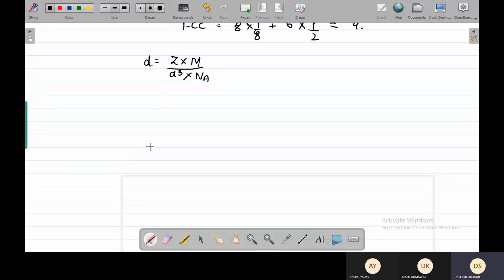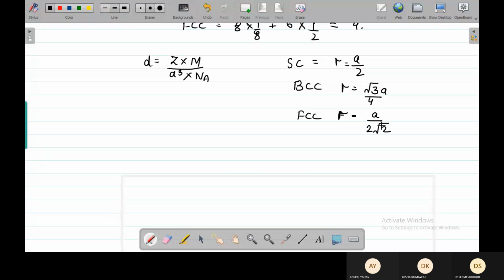Besides these, we have other parameters also, like atomic radius. Simply, you have to learn the formula. For the simple cubic, the radius will be A by 2. For BCC, the radius is equal to root 3 A by 4.